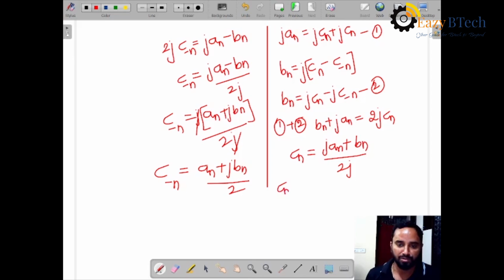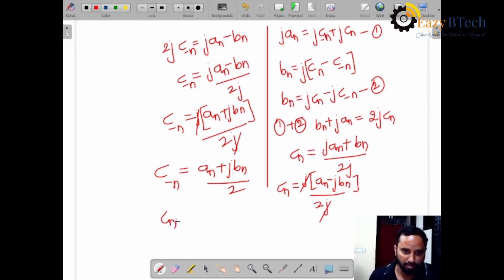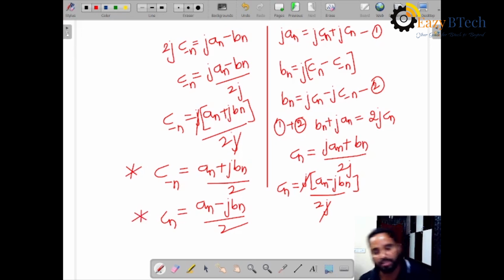So same we can do simplification. J common you can take. Here An minus JBn by 2J. So J and J get cancelled. What is Cn we got? An minus JBn by 2. So this is the important relation, Cn and C minus n. And if you take the magnitude of Cn, what is the magnitude?